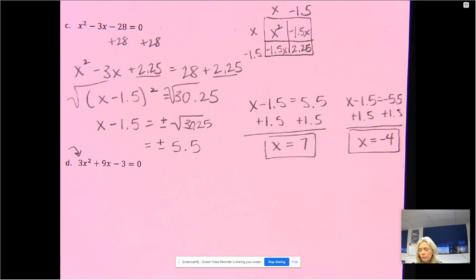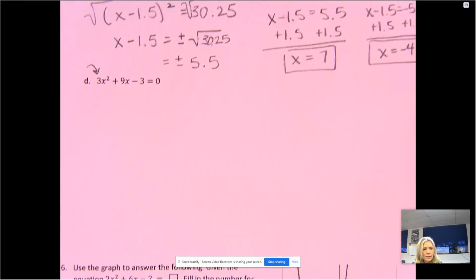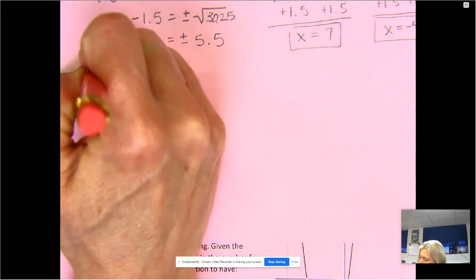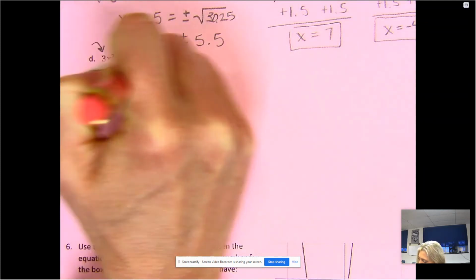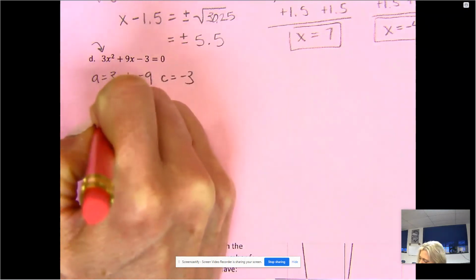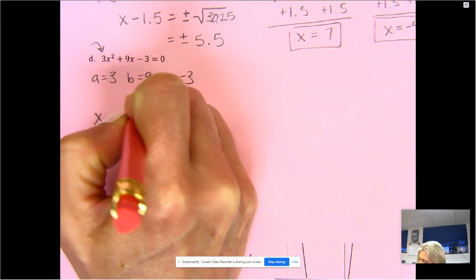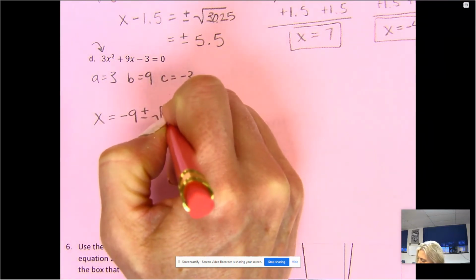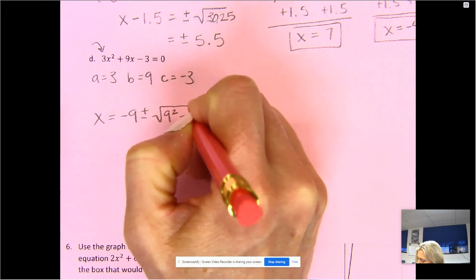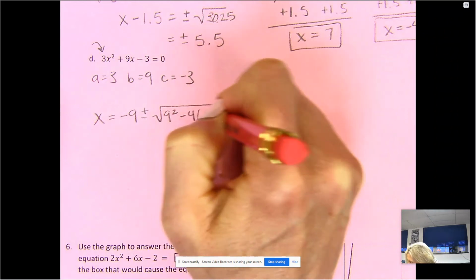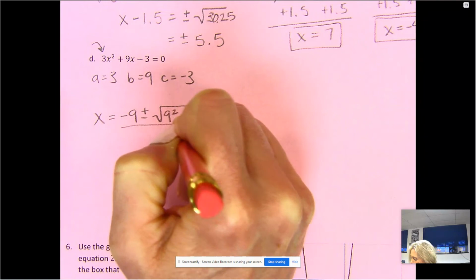A good strategy. And then part D, I said I am definitely going to use the quadratic formula because of that 3 in the front. So A is 3, B is 9, and C is negative 3. So x equals negative 9 plus or minus the square root of 9 squared minus 4 times 3, oopsies, times negative 3, all over 2a, 2 times 3.